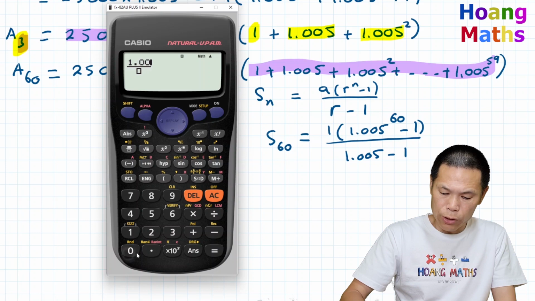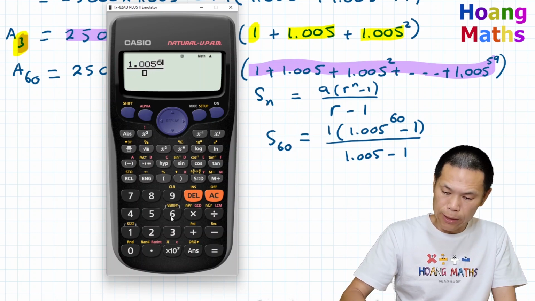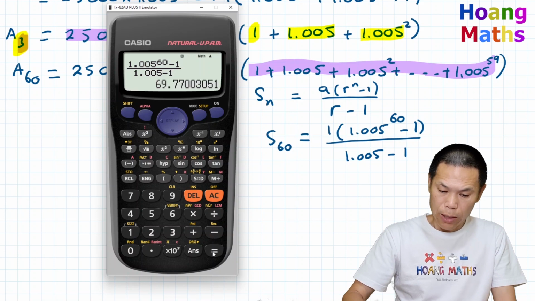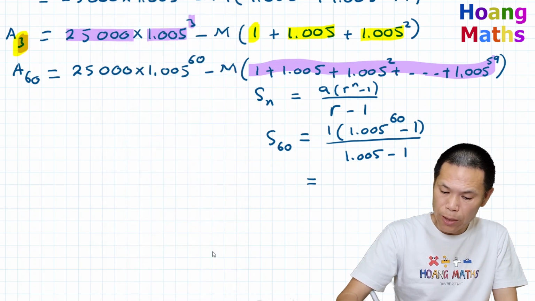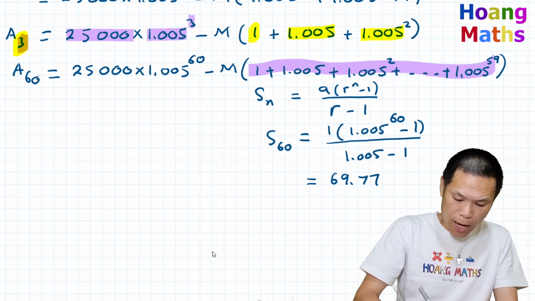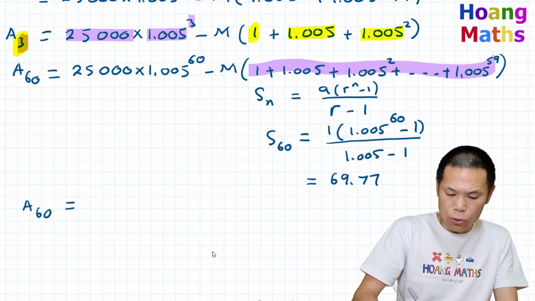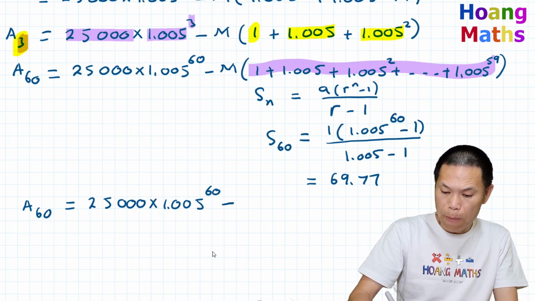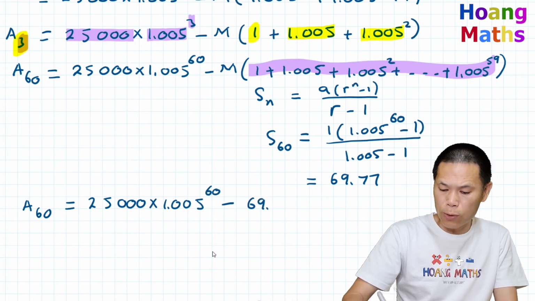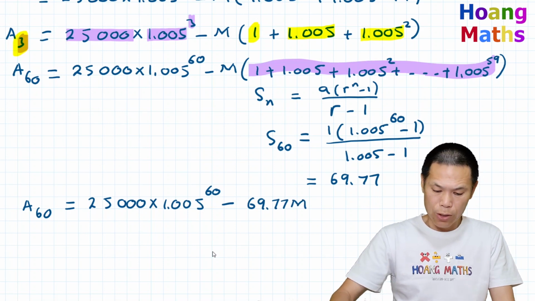So 1.005 power of 60, we minus 1, go down 1.005 minus 1. So there you go, 69.77. So let me write this down. 69.77. So that is A60 is equal to 25,000 times 1.005 power of 60 minus 69.77 M. So there you go.